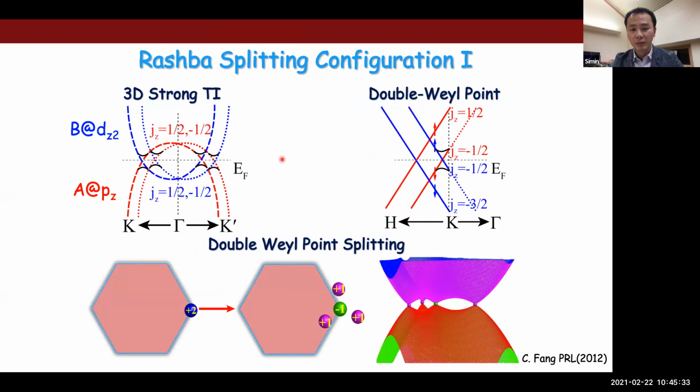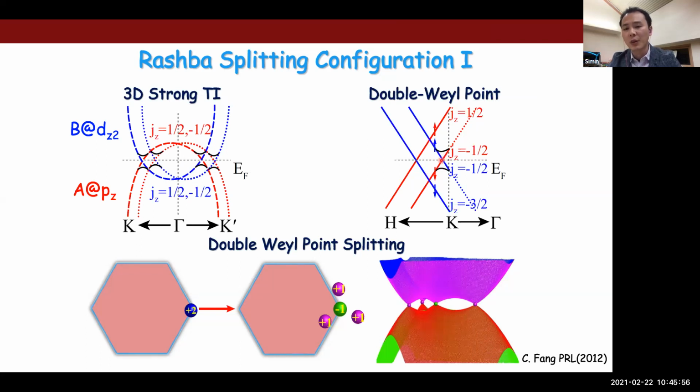More interesting, when there is a band inversion at the K point, we can realize the Weyl metal phase. In contrast to the situation at the gamma point, there is an additional phase for the dz² bands. The Jz of the red bands will not change, while the Jz of the blue bands will decrease by one.